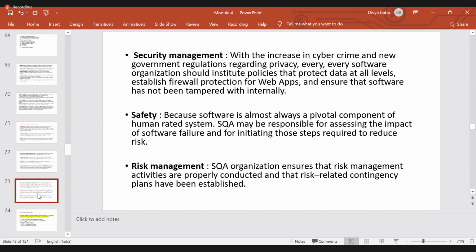So SQA may be responsible for assessing the impact of software failure and for initiating the steps required to reduce the risk. In risk analysis, you should always give priority based on the impact factor. And not only the impact factor, you also need to consider the frequency, how frequently that particular risk is coming. If the impact factor is high and it's coming very frequently, you should give higher priority.